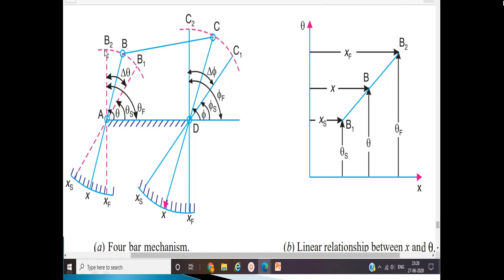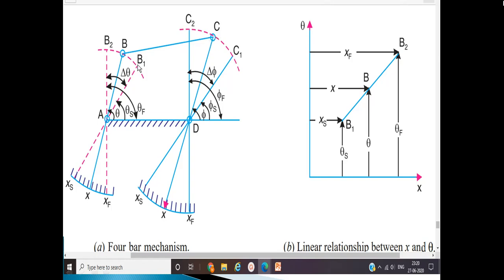Similarly, C1 is the starting point making an angle of phi s, that is the output starting angle, and C2 is phi f, that is the output final angle or finish angle, that we require for link CD. And in between the starting point and finish point, there is a C point. That point is called a precision point.